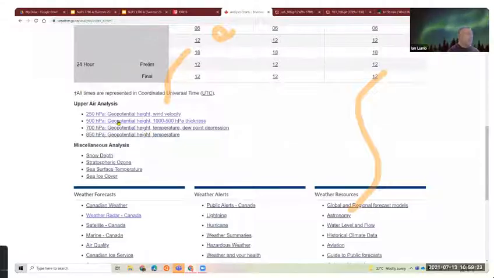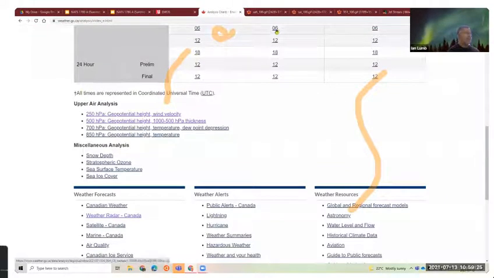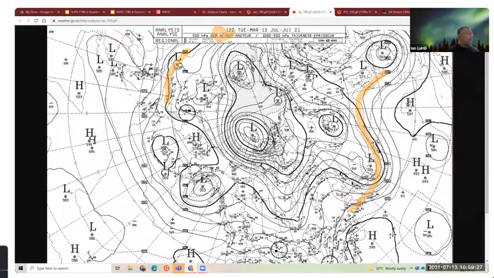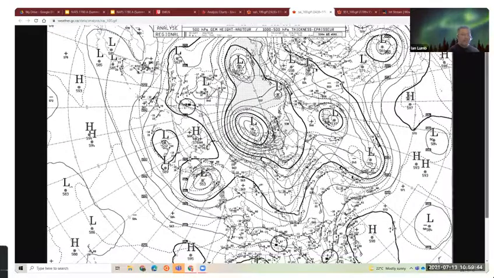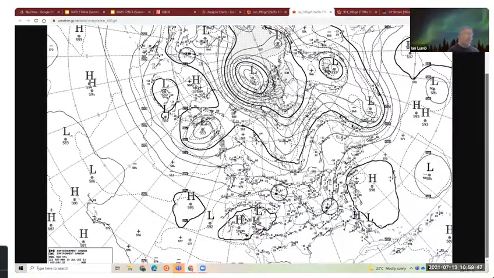But the one that we've been talking about a fair bit is also the 500 hectopascal, the height of the 500 hectopascal surface.